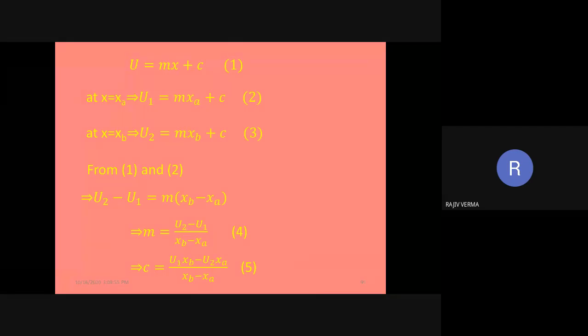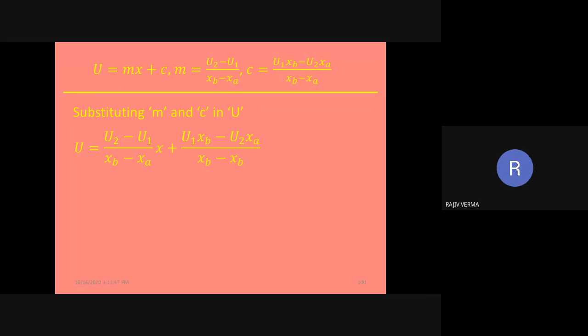So once m and c are known, we are going to substitute these values of m and c in equation number 1 itself, which gives us this expression as a result.